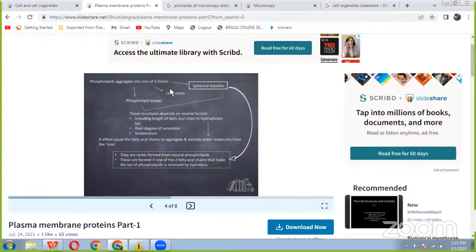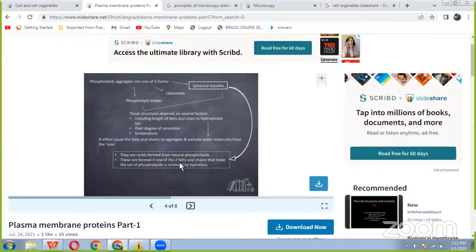What are the three forms? Phospholipid bilayer, liposome, and spherical micelle. These structures depend on the length of the fatty acid chain, the hydrophobic tail, the degree of saturation and temperature. The acyl chains aggregate and exclude the water molecules from the core.